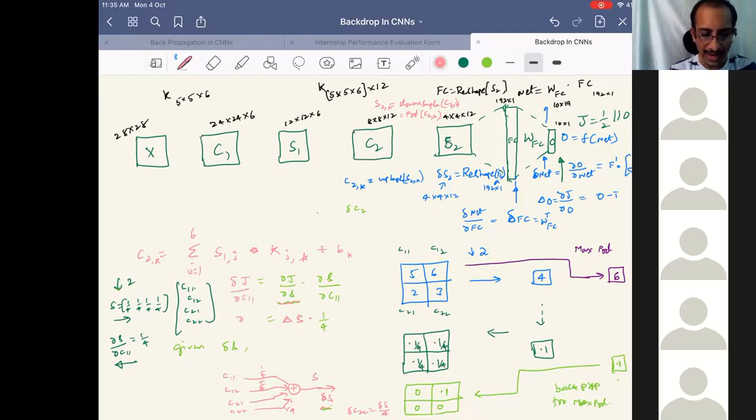So if I want to get capital delta C11, it is nothing but capital delta S into dou S by dou C11, and this is equal to delta S by 4. That's why this 1 by 4 comes here.